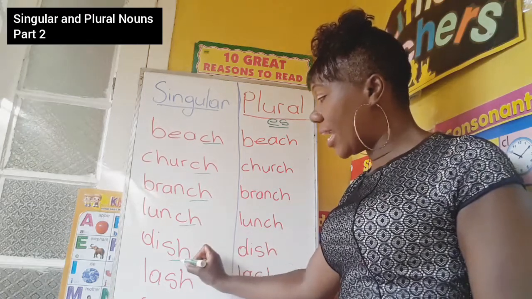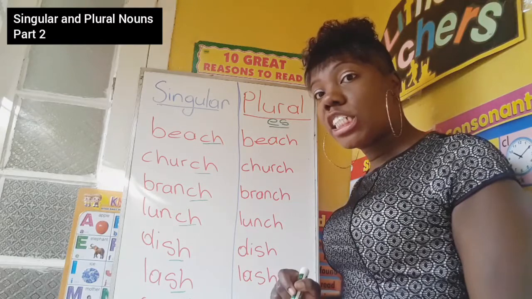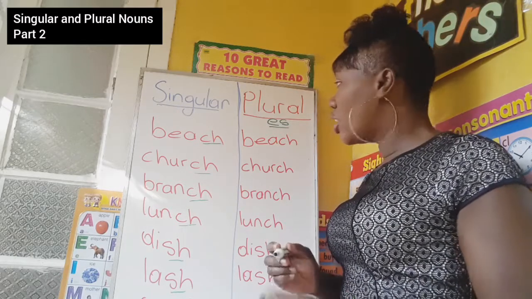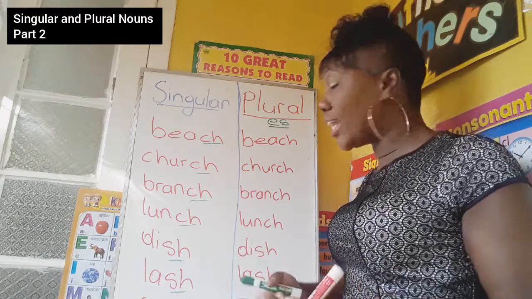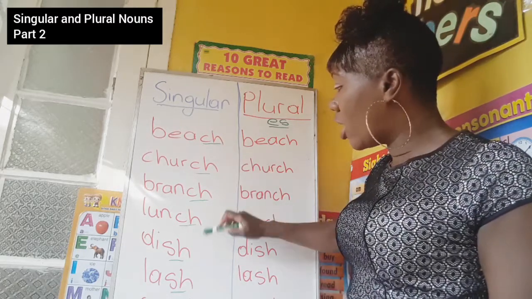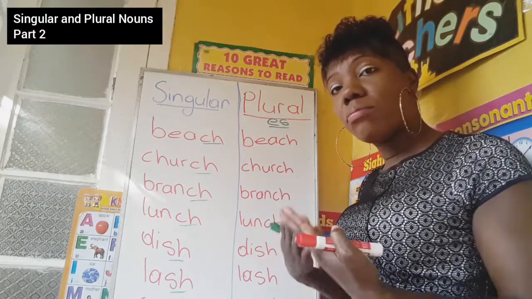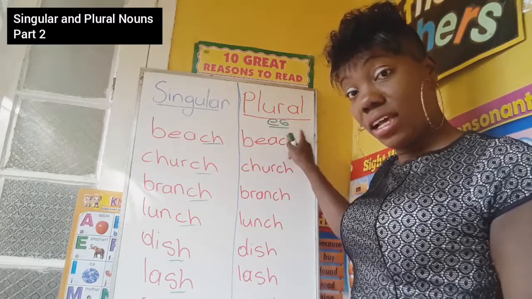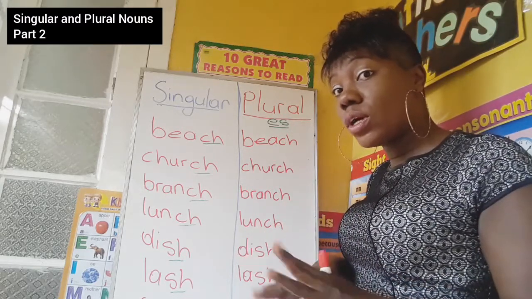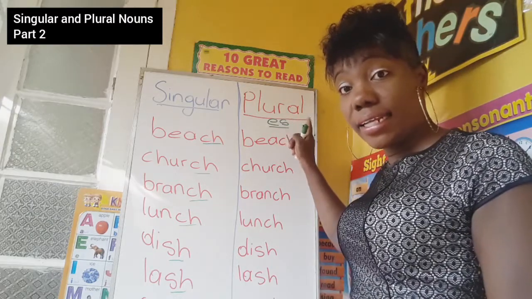And S and H make one sound, sh. So any singular noun that ends with CH or SH, to become plural, we add ES.